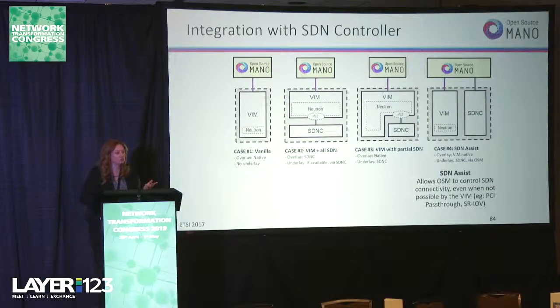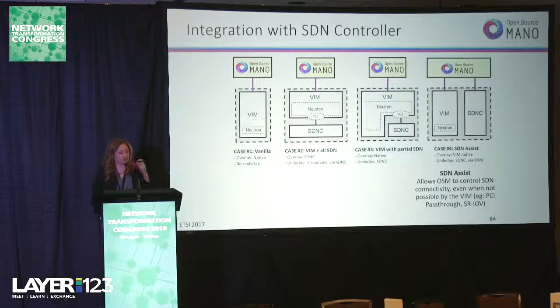So an example of this would be like a KVM-based OpenStack with the ML2 plugin that's able to interface with an OpenFlow network. And then finally, the fourth paradigm for networking is for VIMs that don't have their own underlay capabilities.